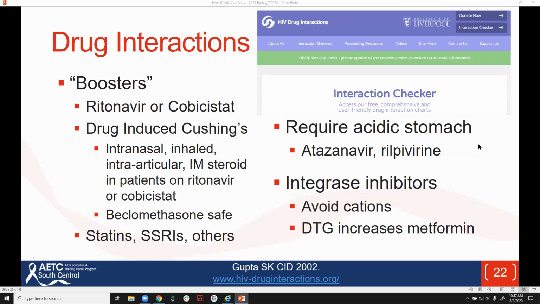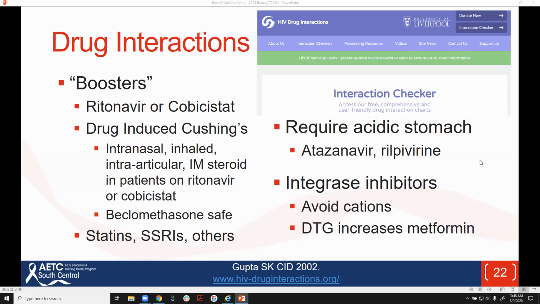What else? Some of the antiretrovirals require an acidic stomach, specifically atazanavir, which is a protease inhibitor, and rilpivirine, which is an NNRTI. So if they require an acidic stomach, then they should not be taken with a proton pump inhibitor. They're also best taken with food, as the ingestion of food helps stimulate stomach acid production and helps with the absorption of those medications.